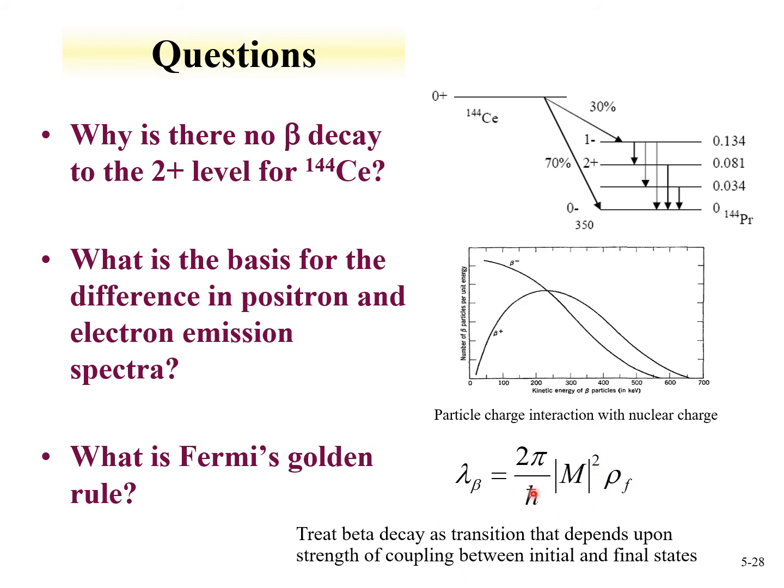And this matrix treats beta decay as a transition from an initial to a final state. And this is your mixing matrix here to describe the decay constant, which is log 2 divided by the half-life. And this coupling constant here describes the initial and final states. The stronger the coupling between the initial and final decay state, the shorter the half-life.